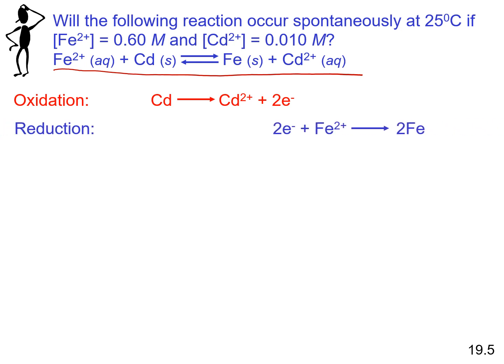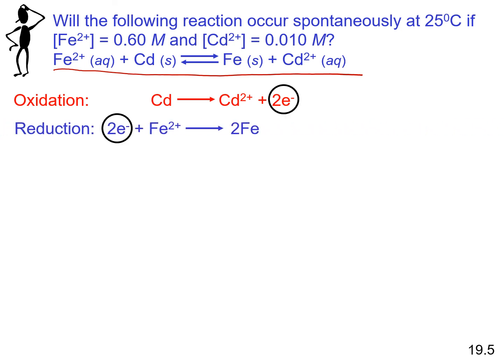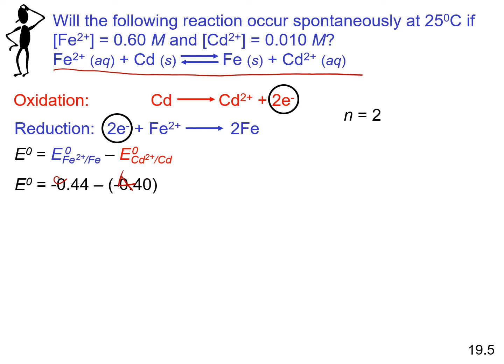Then you balance the equation, so n here is equal to 2. Then we get the standard cell potential from the standard reduction potential table, with the cathode and the anode. The standard cell potential is negative 0.04 volts.